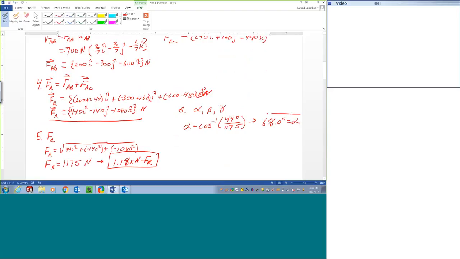That's our alpha. Beta, inverse cosine of negative 140 over 1175. That goes to 96.8 degrees. Finally, our gamma, similar inverse cosine, negative 1080 over 1175. That goes to 157 degrees.